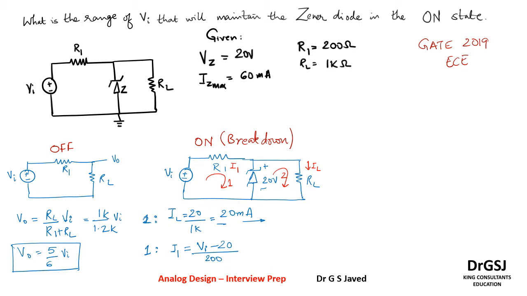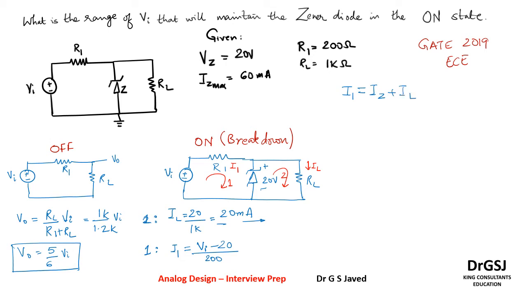If you apply KCL at this node, I1 is equal to Iz plus IL.